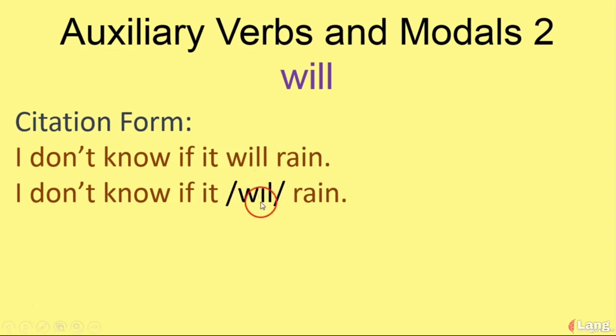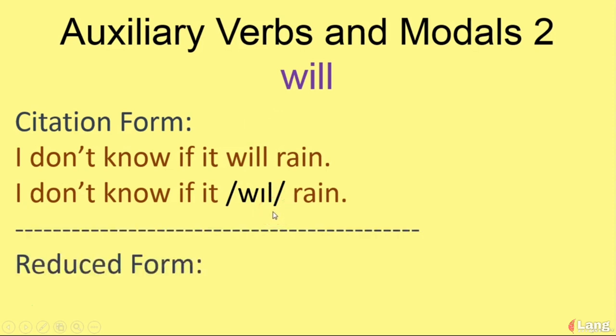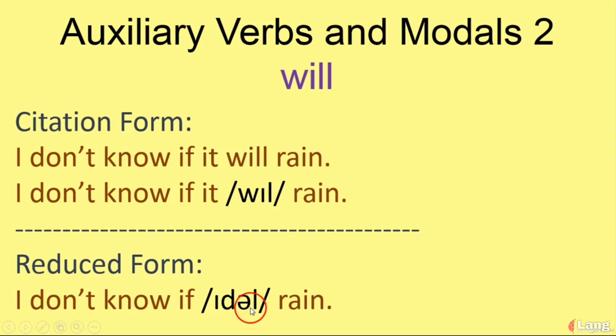Will in IPA is spelled like this. But when we reduce our speech, will, we don't pronounce the W, and we just use the schwa and the L to say ul.